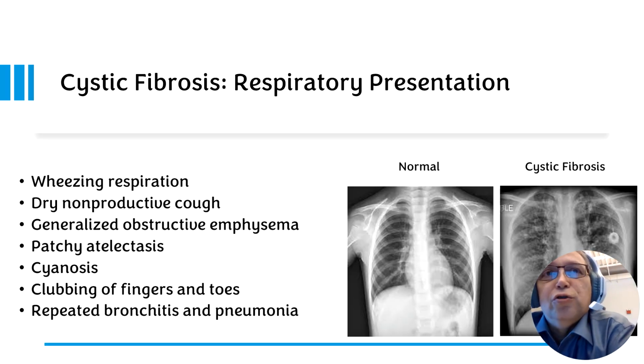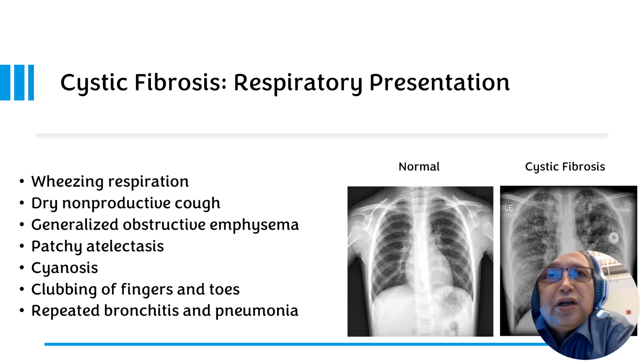This is another reinforcement of cystic fibrosis. It presents with a wheezing, non-productive cough with obstructive emphysema, so the airways are blocked and stretched. You're going to have patchy atelectasis, which means the airways are going to be blocked, and if you look at the slide on the right as opposed to the slide on the left, you've got a lot of airway crud in the lungs.